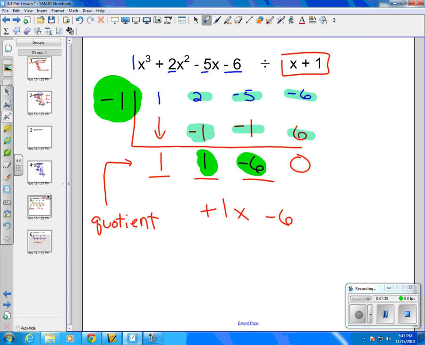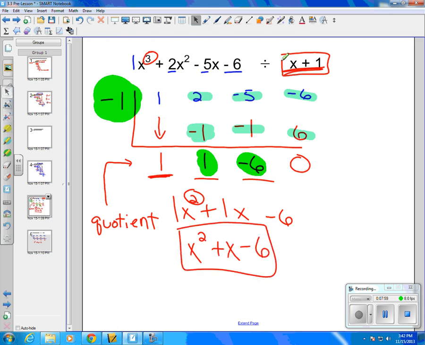And then the term with this 1 right here, the coefficient in front of x squared. Basically, we start off with a degree of 3, and now we're down to a degree of 2 when we divide through by this value. So it's just going to end up being an answer of x squared plus x minus 6.